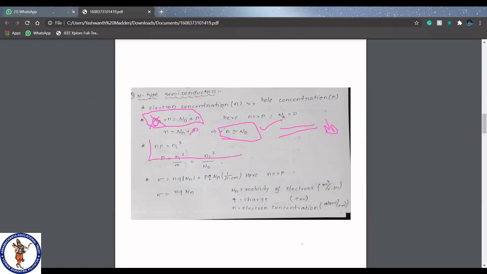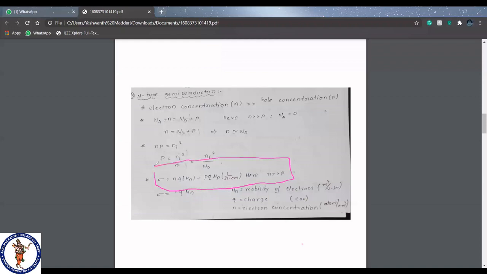If you substitute this formula here, Np is equal to Ni square. I already talked about this formula, that it is mainly used to find the minority charge carrier concentration. In this case it is P, which is nothing but holes. P equals Ni square by N. N is the majority charge carriers, and it is approximately, not exactly, equal to Nd, the donor concentration.